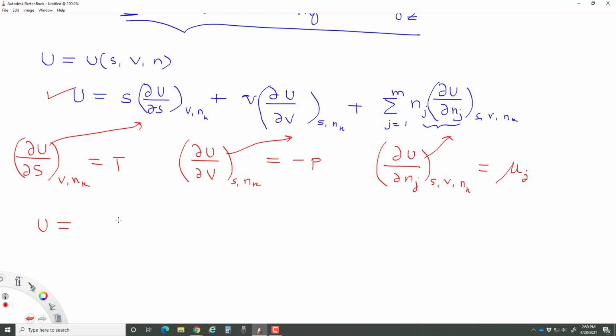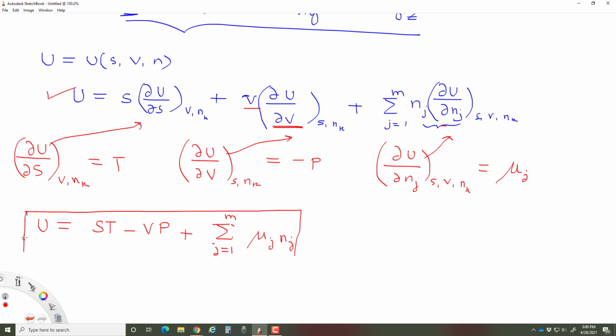Then we get U is equal to ST minus PV, and then plus the summation from j equals 1 to m of mu j n j. So that's the internal energy expression.